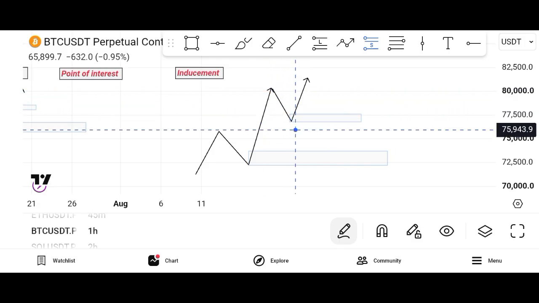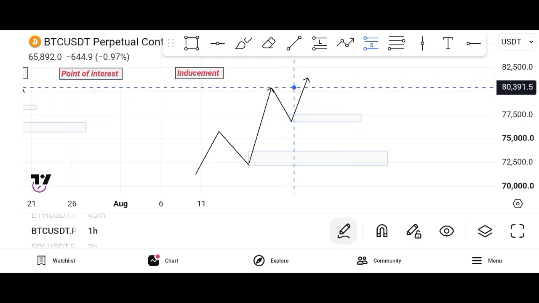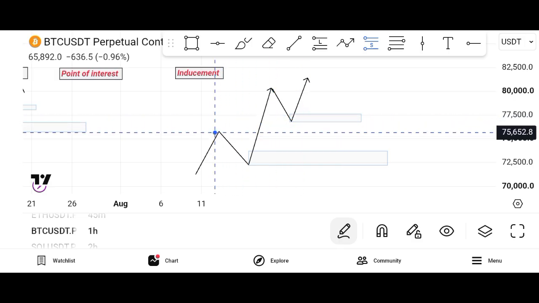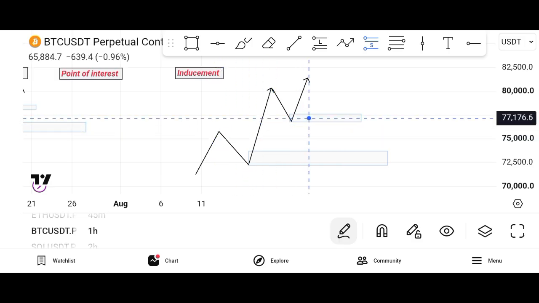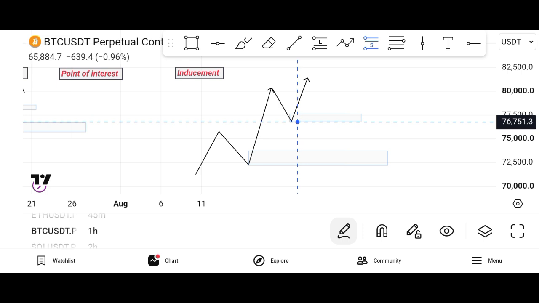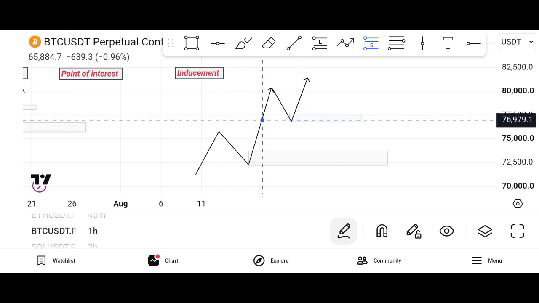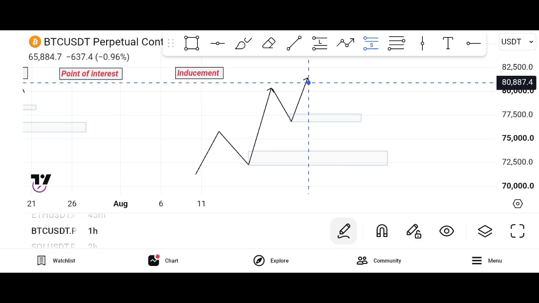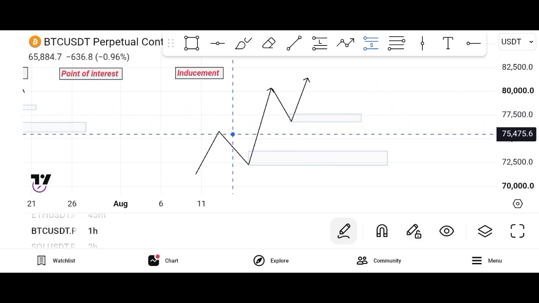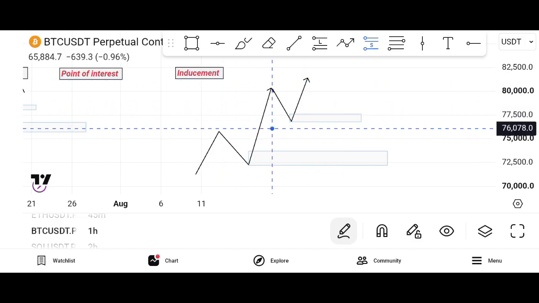So when we have this inducement to the downside, you want to make sure that the point of interest you are picking has an inducement resting just above it or below it. This inducement is what will lure some traders to take action before where they were supposed to enter.